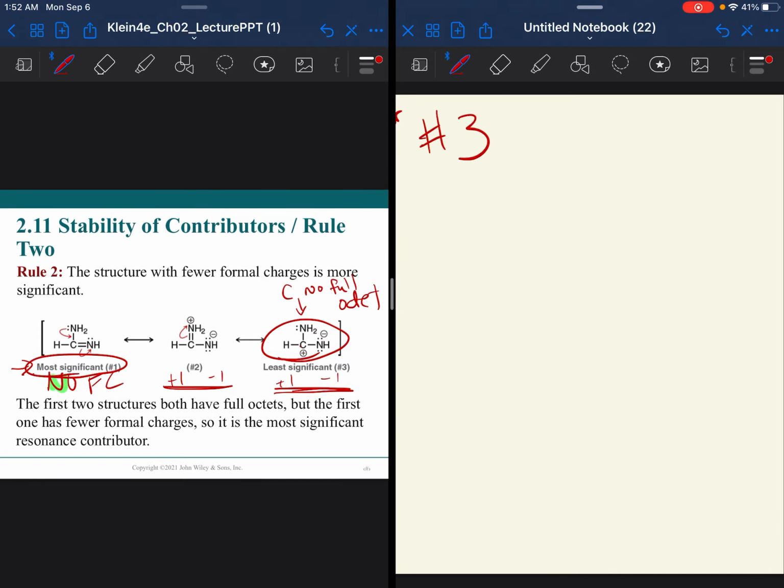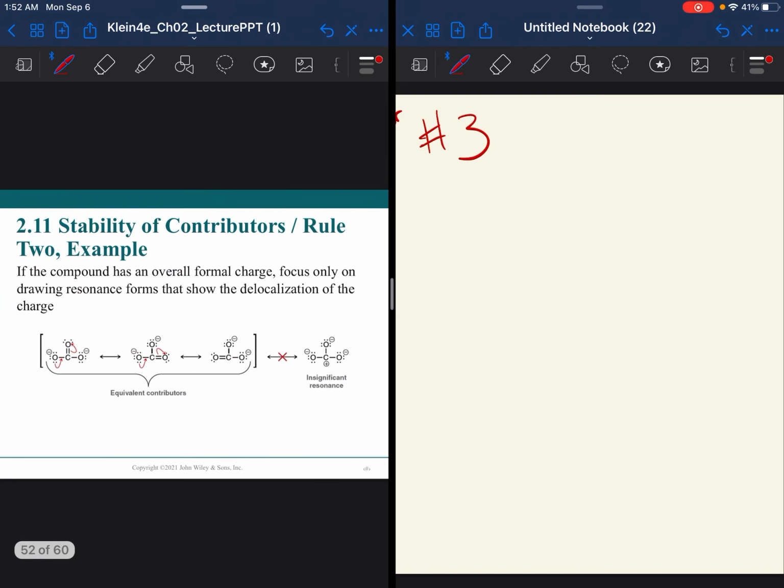And then number 3, we're going to look at... okay, before we move to number 3, I'm sorry. I don't want to forget this. There are resonance structures that we may consider insignificant.